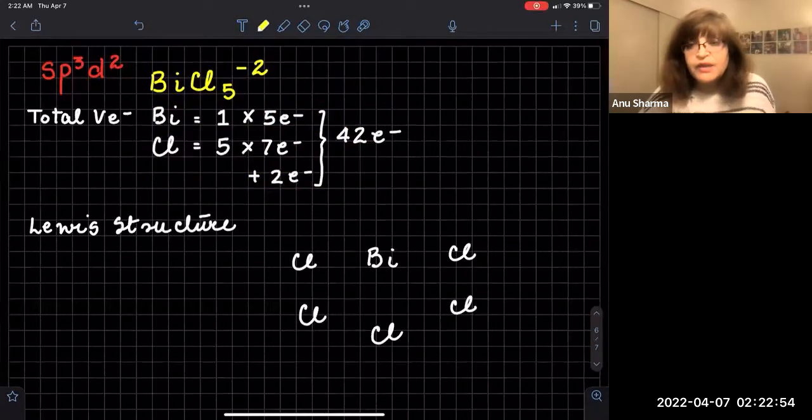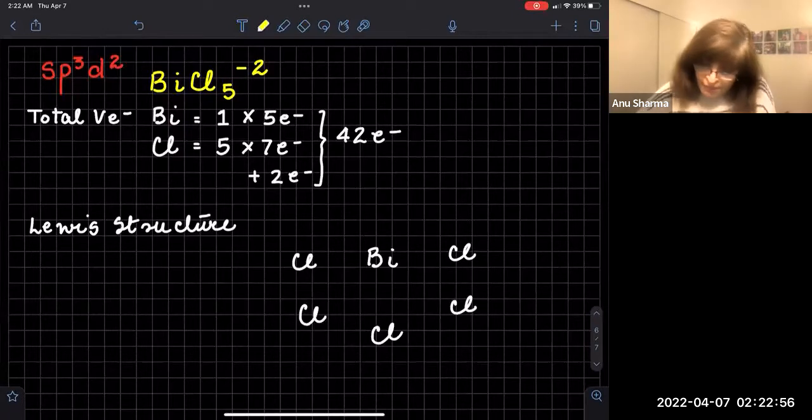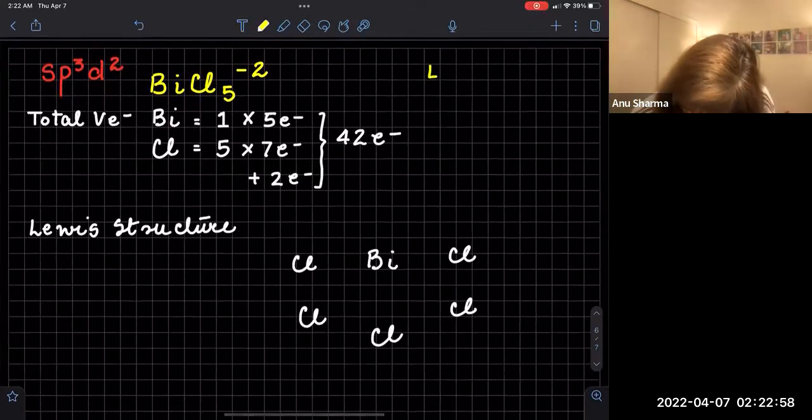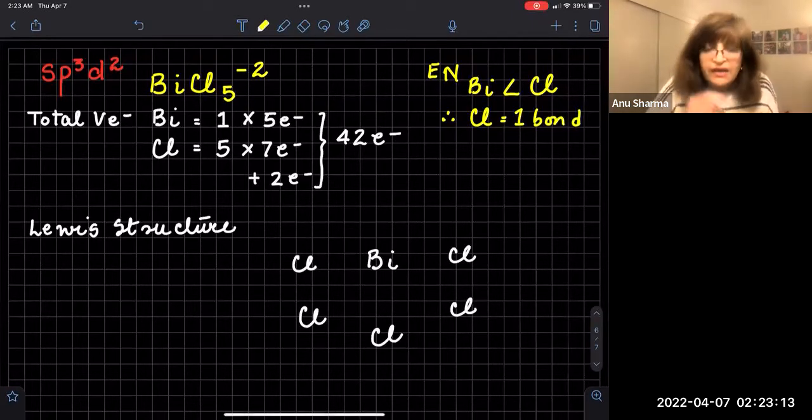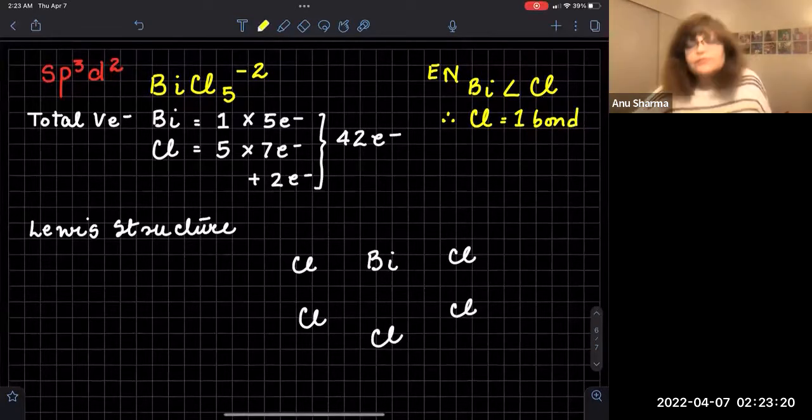Although chlorine can make 3, 5, and 7 bonds, bismuth has a lower electronegativity than chlorine, so chlorine will only make one bond. If chlorine were attached to another atom with a higher electronegativity, chlorine would make 3, 5, and 7 bonds. But here, bismuth will make 5 bonds.